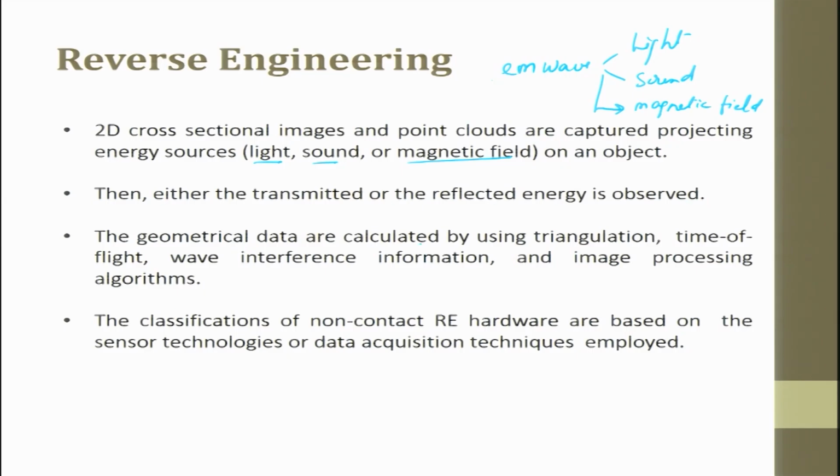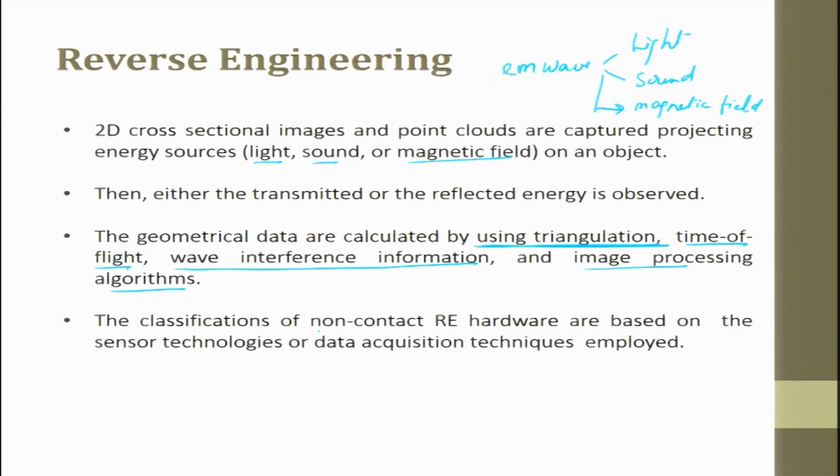The geometric data are calculated by using the triangulation technique. This is a very important technique. Okay. Triangulation technique, time of flight, wave interference information or image processing algorithms are used, wherein you try to see the sudden gray change, contrast change and sharp edges, all those things you can use. These are geometric data which are used for calculating the information.